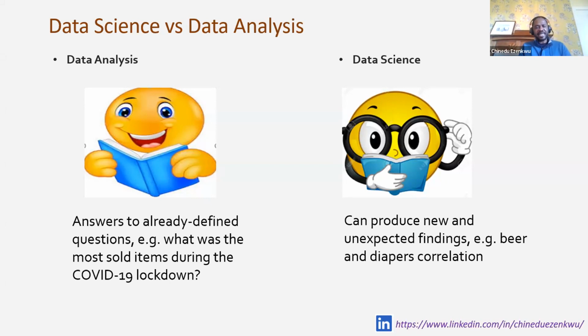And how do these recommender systems do this? They look at the baskets of people that shop on that particular platform. When we talk about a basket, we talk about what people buy at a go. For one shopping, what they buy at a go is called a basket. So they look at the baskets of people that have shopped on the website, and they're able to find out associations between items.